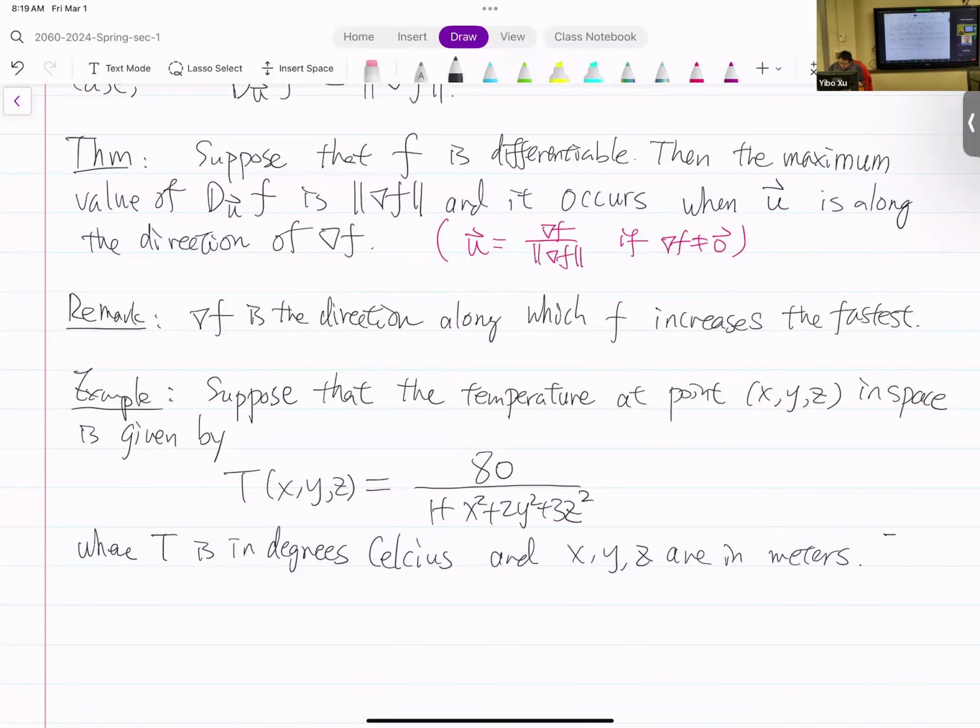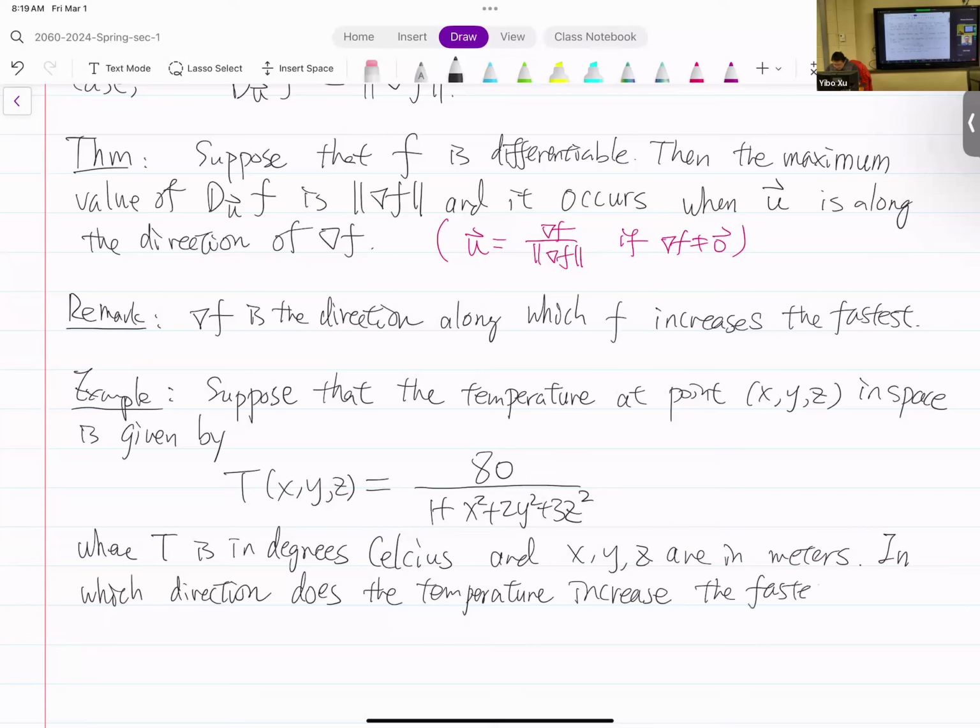So we now know this function, and we are looking for the direction along which the temperature increases the fastest. Okay, so in which direction does the temperature increase the fastest at a particular point, at the point 1, 1, -2 in space?